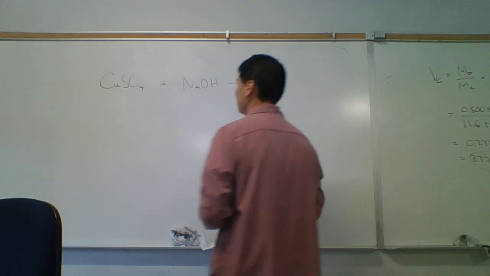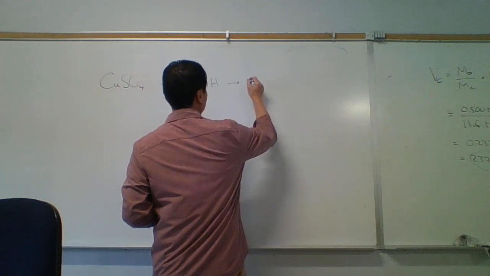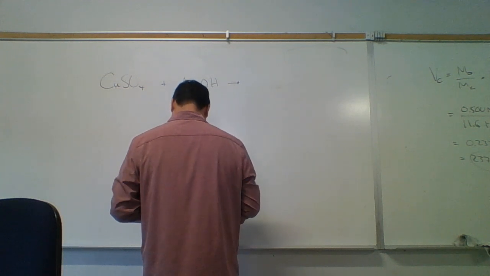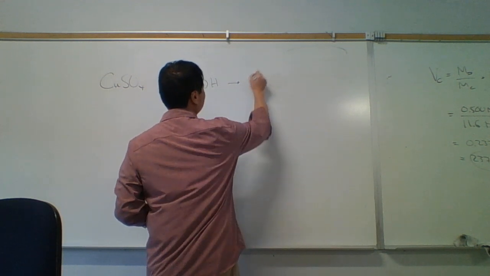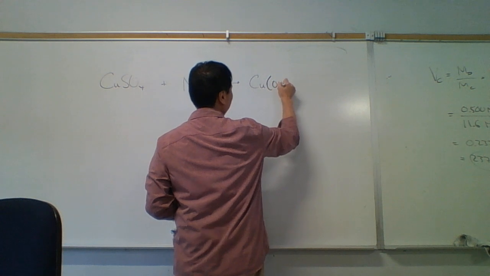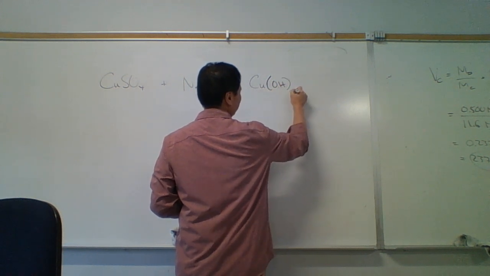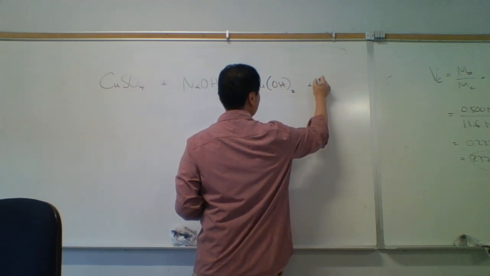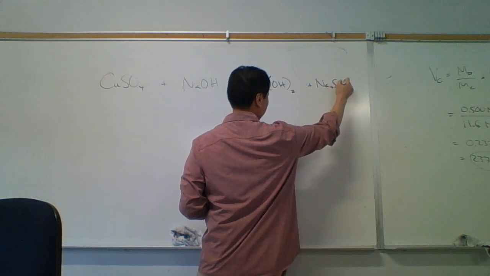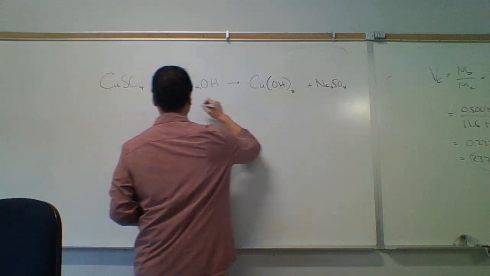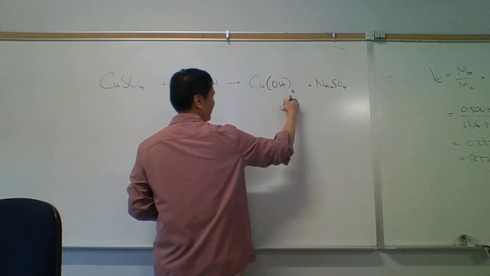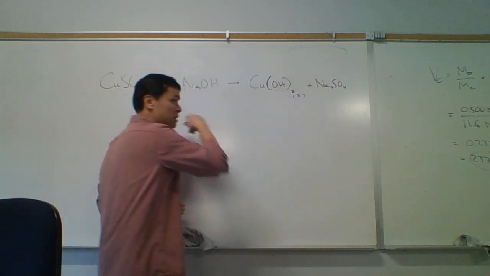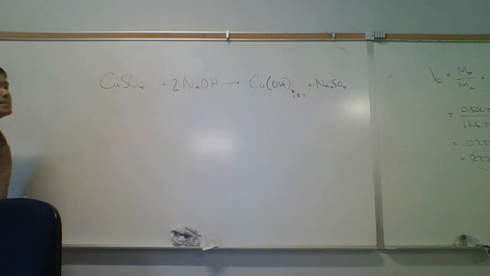Sodium sulfate, yeah, and copper-2 hydroxide. Copper-2 hydroxide, Cu(OH)2, plus sodium sulfate, which would be Na2SO4. To balance it, we'll need 2 NaOH. And then copper-2 hydroxide is a precipitate, as they say here.